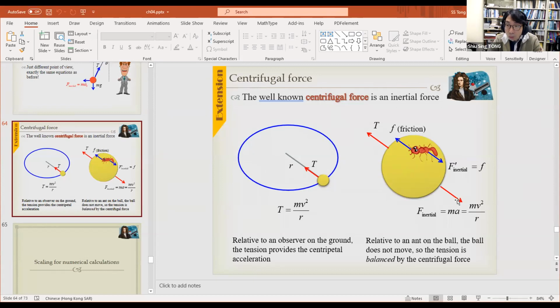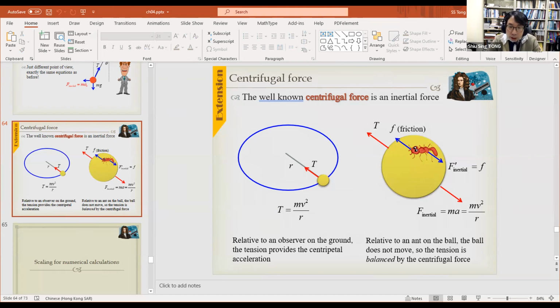It arises only because the observer himself is accelerating. So it's a fake force, so to speak, but the effect is there. If you look at everything from the point of view of a non-inertial observer, the easiest way to describe our world is to introduce the so-called centrifugal force to explain everything that's happening here.